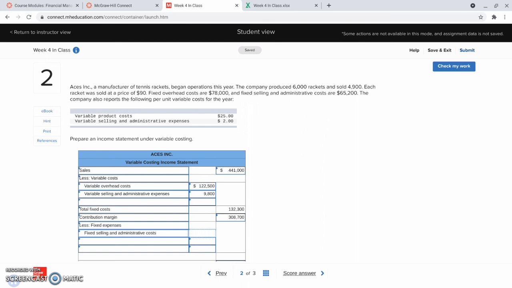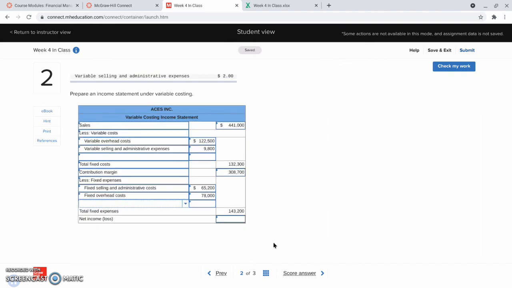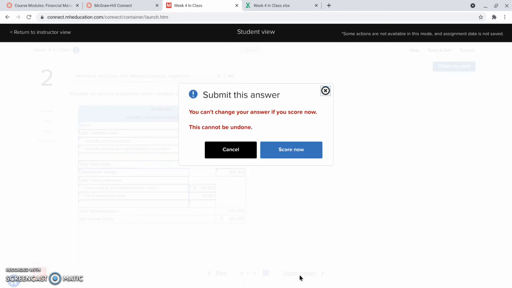Our fixed selling and admin simply comes from the question above, that's 65,200. And then we have our fixed overhead, which also comes from the question above, 78,000. So our total expense is 148,200. That makes our net income or loss just the 308 minus the 148, and that math is 165,500. Let's see how we did.